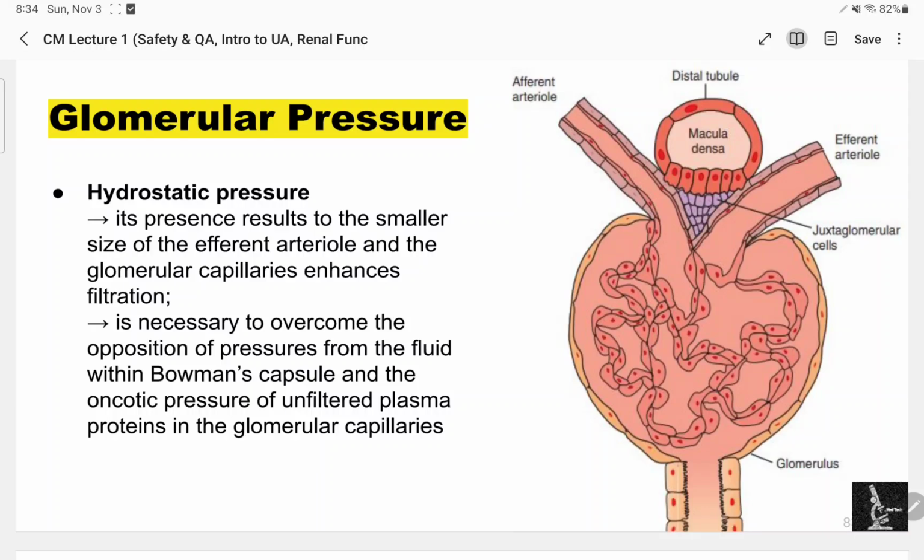And around 120 ml of plasma is filtered by our glomerulus.